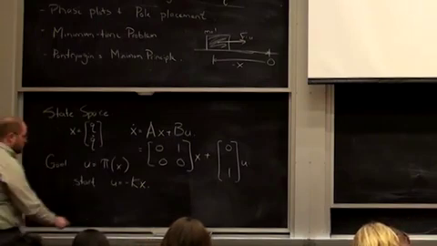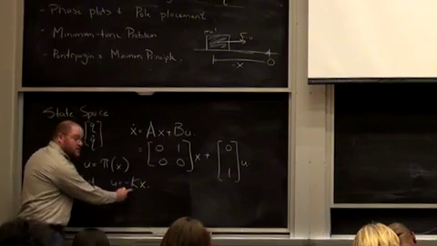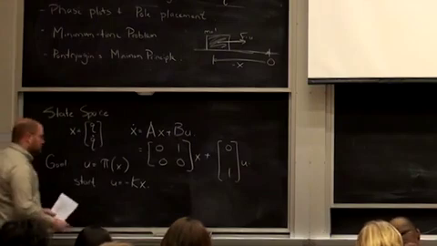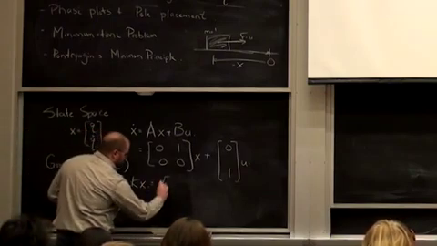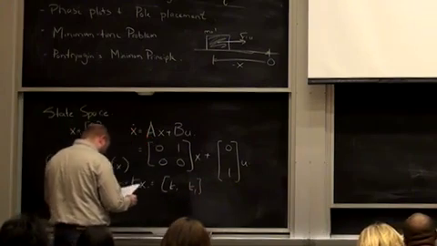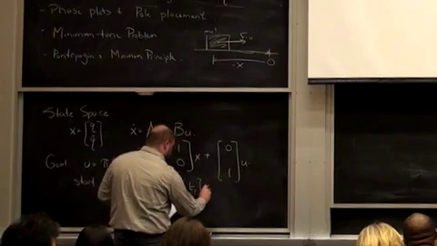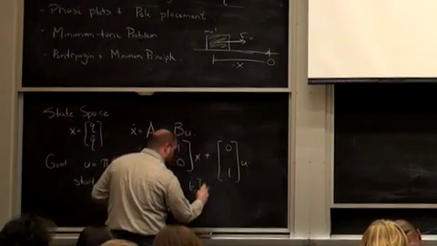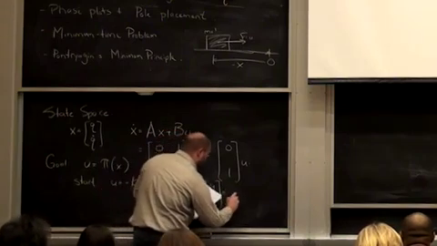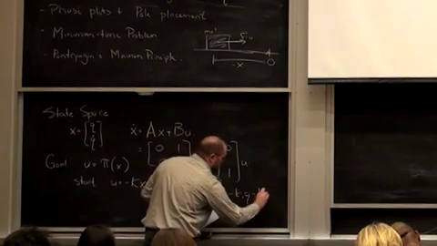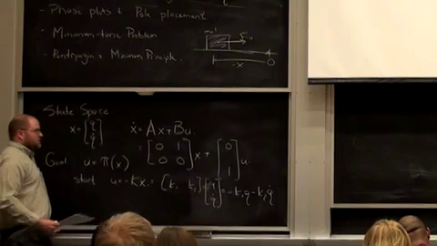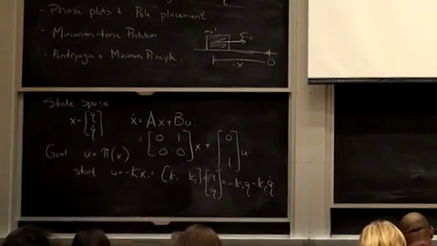Where K is a matrix. Well, actually, what is K in this case? 1 by 2, right? So it's going to be k1, k2 times x, which is my q, q dot. Equivalent to saying negative k1 q minus k2 q dot. So many of you will recognize this as a proportional derivative controller form. Okay.